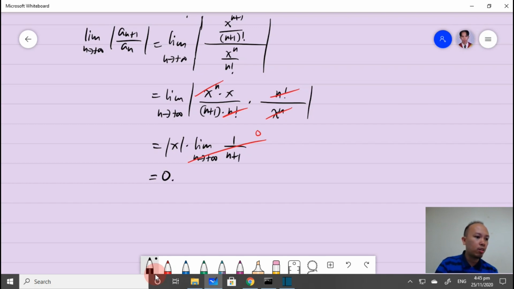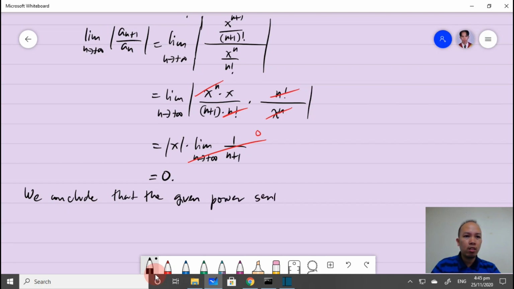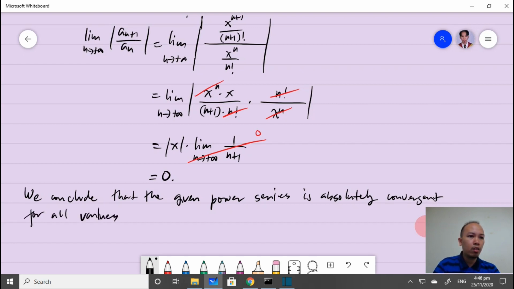Okay, so here we conclude that the given power series is absolutely convergent for all values of x.